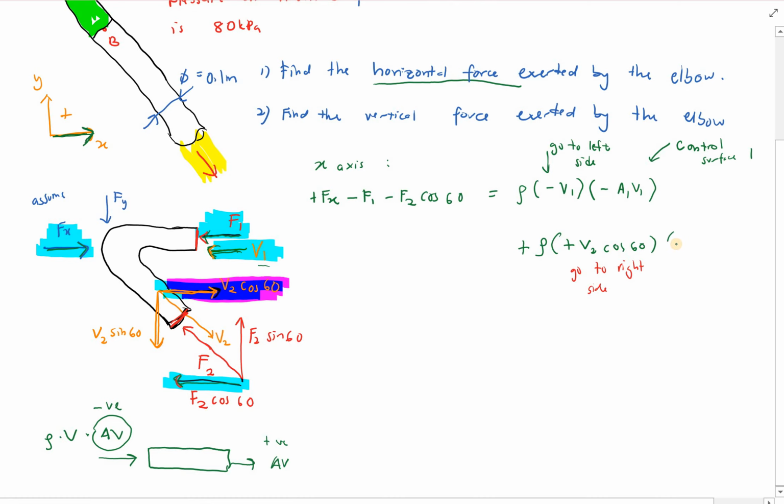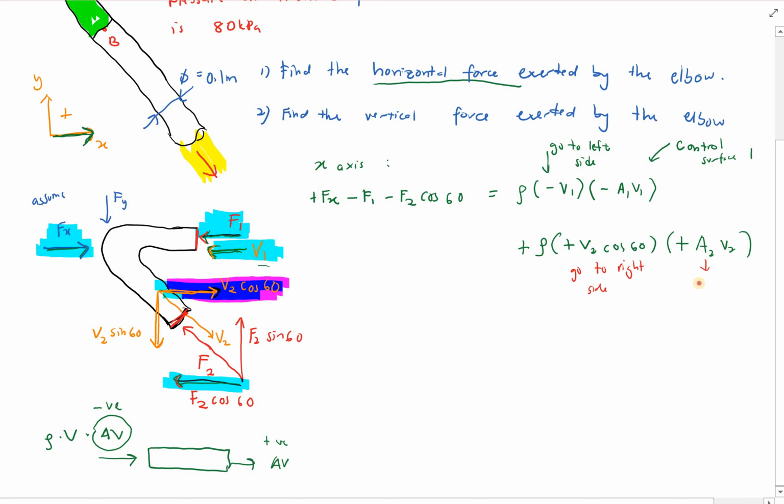And then for your AV component, you have A2 V2. A2 V2 here is leaving your control volume or control surface, so it becomes positive. Why?